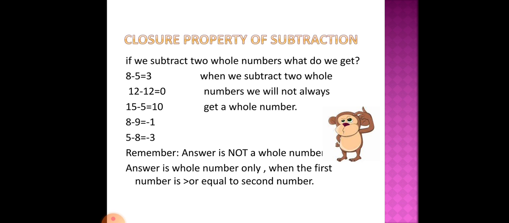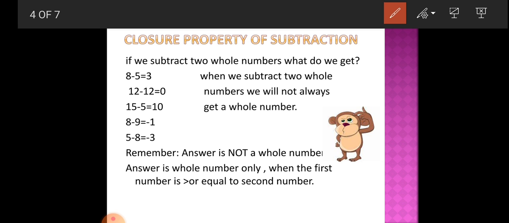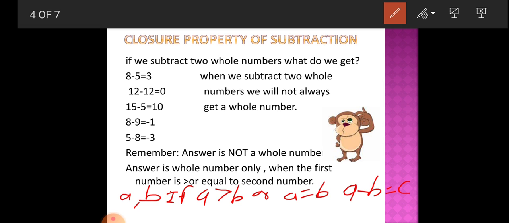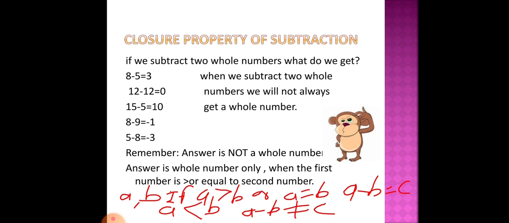If A and B are whole numbers, and A is greater than B or A equal to B, then A minus B equal to C is a whole number. But if A is less than B, then A minus B is not a whole number.